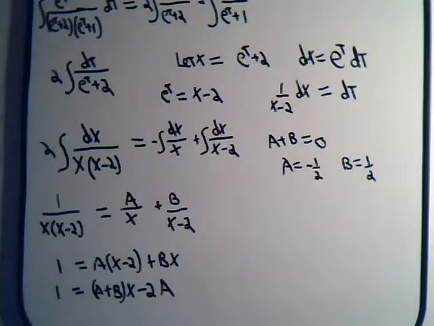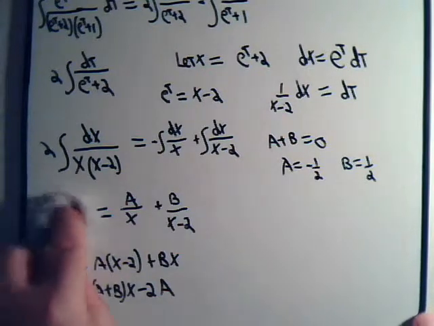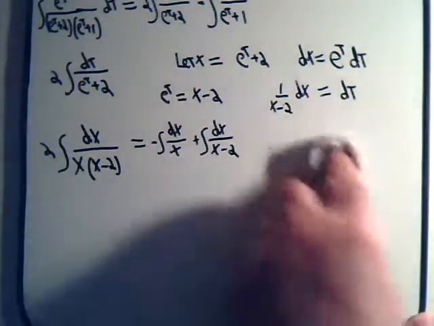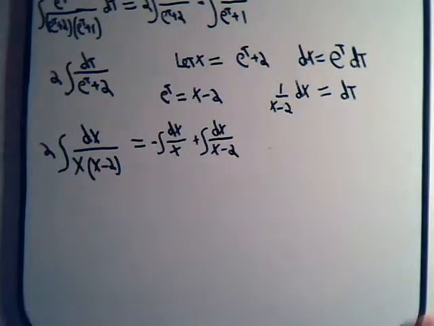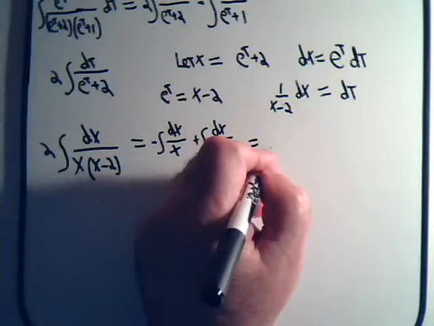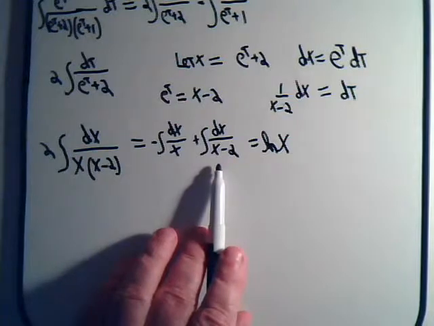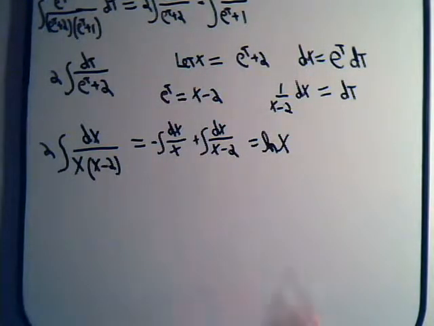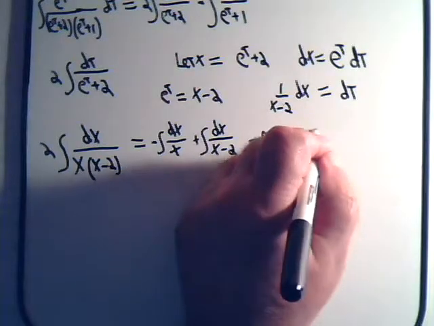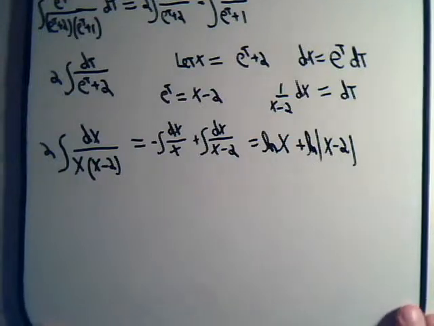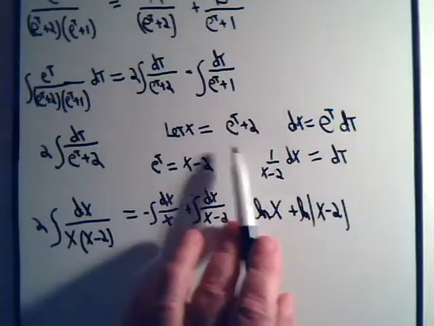Okay, and let's make some space, as it looks like we should be in a position to solve this. This will equal minus the natural log of x. And here, again, call this u. That's going to be du, so we'll have plus the natural log of x minus 2. Great.